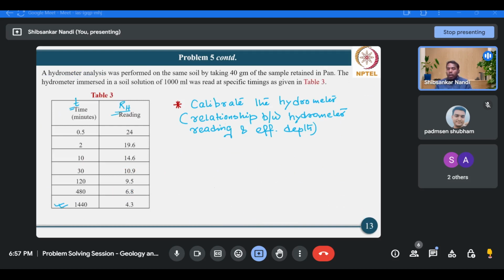Before going into the calibration of the hydrometer, you have to correct the hydrometer readings. Why do you have to correct them? What are the different types of corrections you need to apply for a hydrometer test? Any idea?